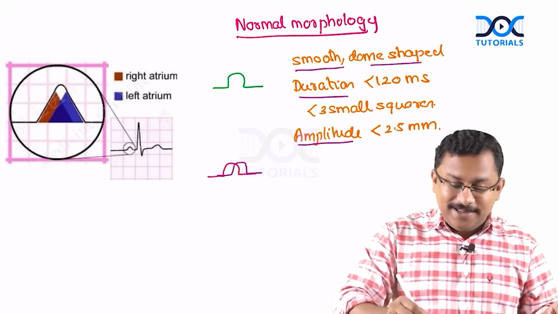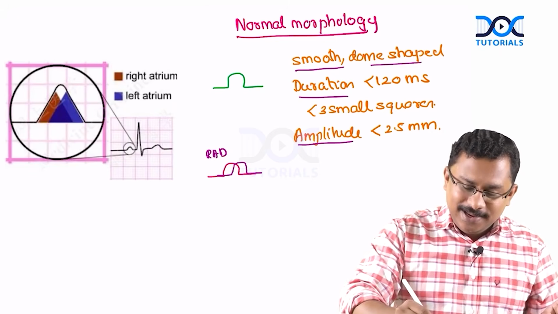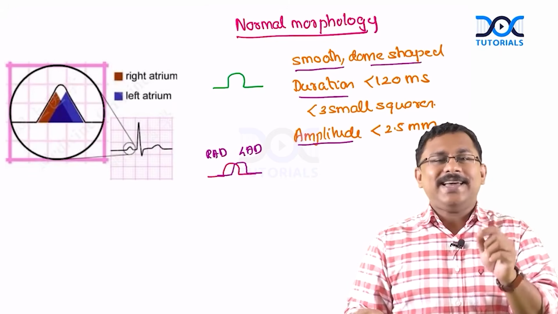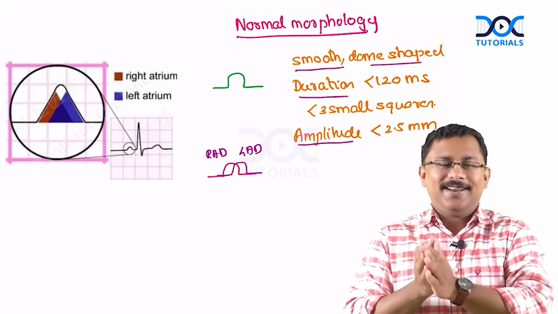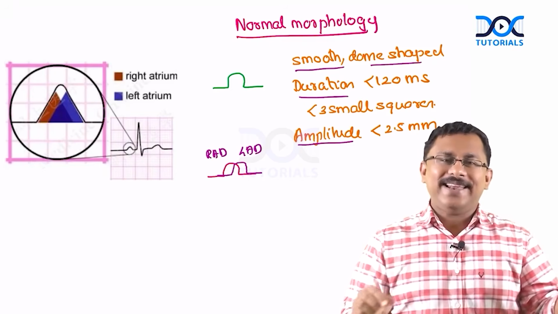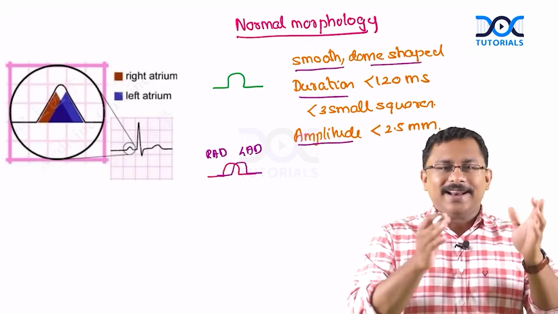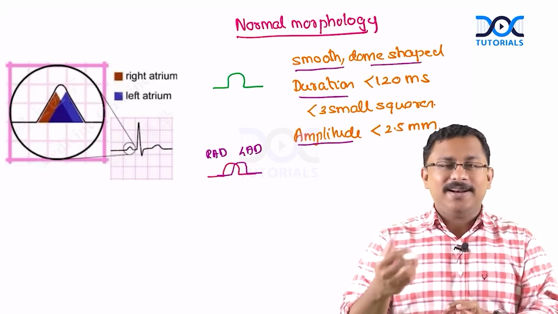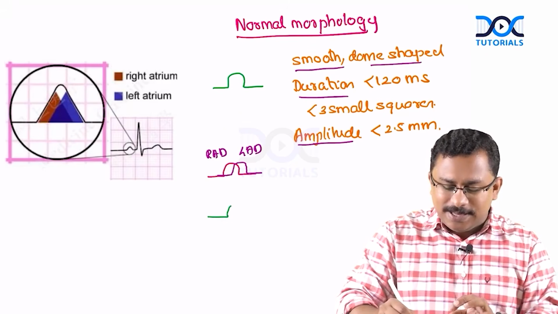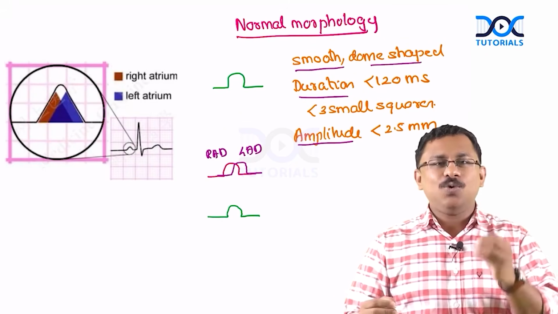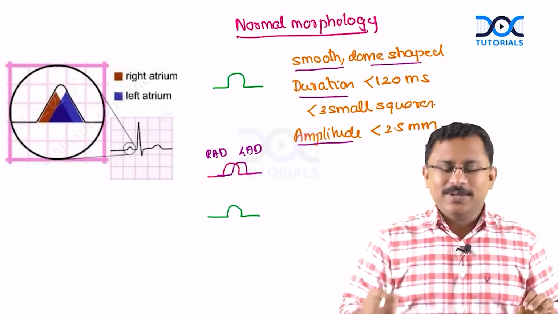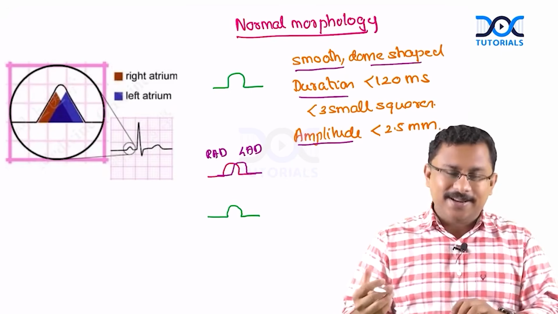Why first right atrial and then left atrial depolarization? Because the SA node is normally located inside the right atrium. So the right atrium will depolarize first, and subsequently the left atrium will depolarize. But on the ECG, you will have a summated wave with a smooth dome-shaped configuration. That is your P wave, which is right atrial depolarization plus left atrial depolarization.